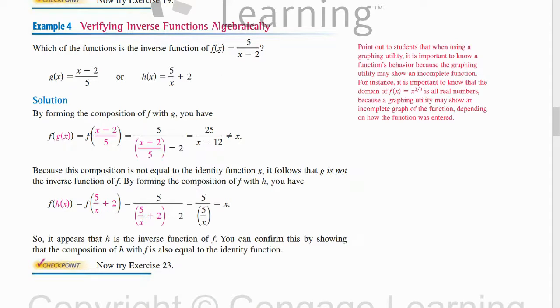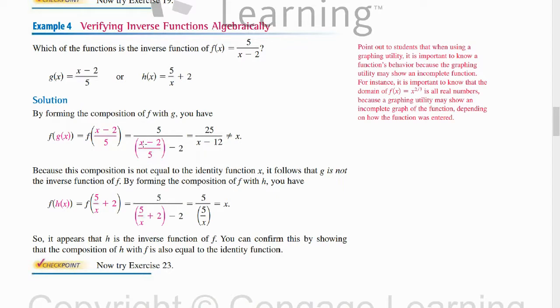So let's start with the first one, f of g of x. Putting the g function into the f function. So this goes in place of x. In the simplification process here, in case you've forgotten, it looks a little complicated because you got a fraction inside of a fraction. But basically, whatever this division is here, if you multiply both the top and the bottom by that number 5, so the top times 5, 5 times 5 is going to be 25.